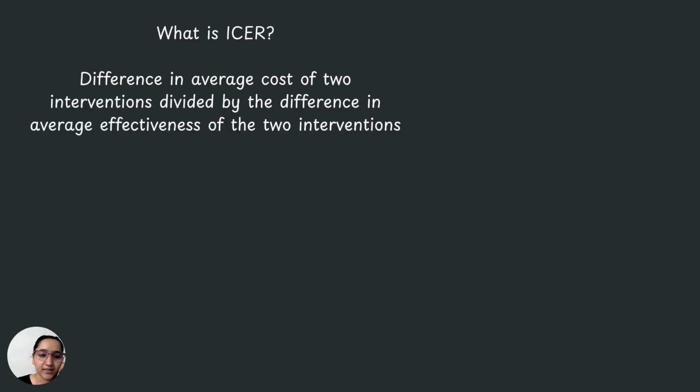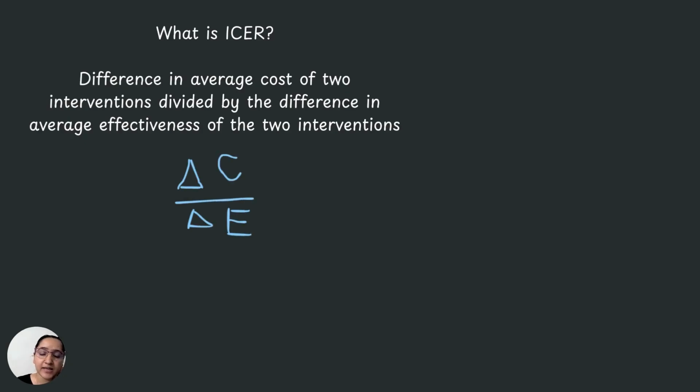So, what is ICER? ICER is the difference in average cost of two interventions divided by the difference in average effectiveness of these two interventions. And the cost here is expressed in monetary terms, for example, US dollars, while the effectiveness is expressed in health utility terms such as number of lives saved, new cases of HIV diagnosed, years of life added, etc., depending on your research area.